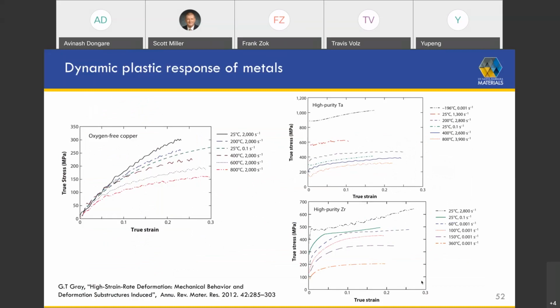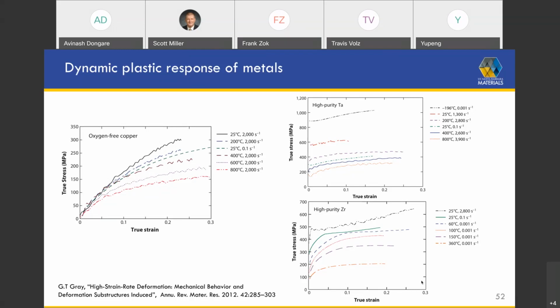And as I mentioned before, when you're talking about rate sensitivity, there's always a temperature sensitivity that goes hand in hand with it. Here's a collection of results from one of Rusty Gray's review articles showing the different types of sensitivities in BCC, FCC, and HCP types of metals.